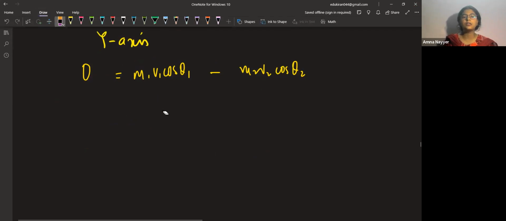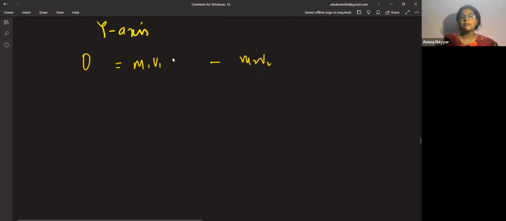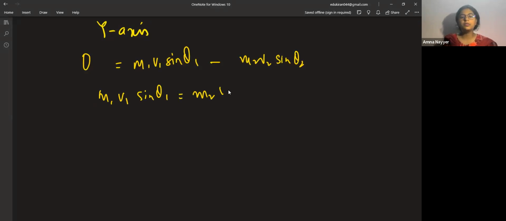These are sine theta, not cos. m1 v1 sine theta minus m2 v2 sine theta 2. So m1 v1 sine theta 1 is equal to m2 v2 sine theta 2. Both of these are equal.